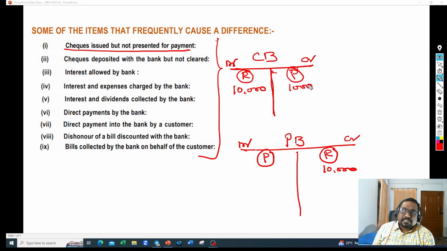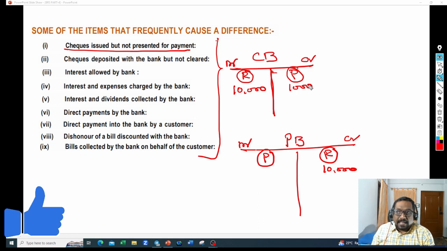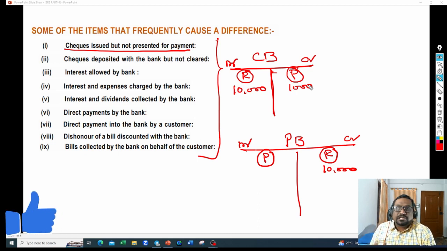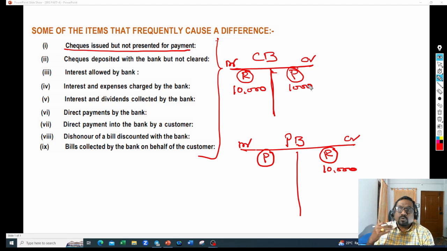These checks were received by the suppliers, but they did not go to the bank for encashment. Once a business issues a check, what is the supplier supposed to do? The supplier is supposed to take the check, go to the bank, present the check, and get the amount, right? But the supplier did not go to the bank. Since the supplier did not go to the bank, the amount was not encashed, and the banker wouldn't have recorded that amount.